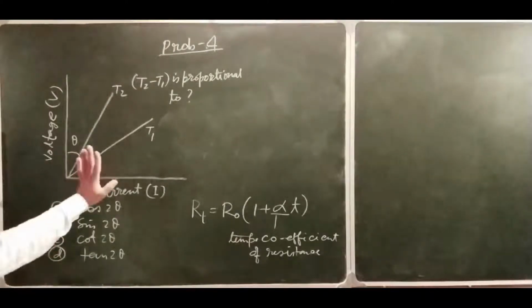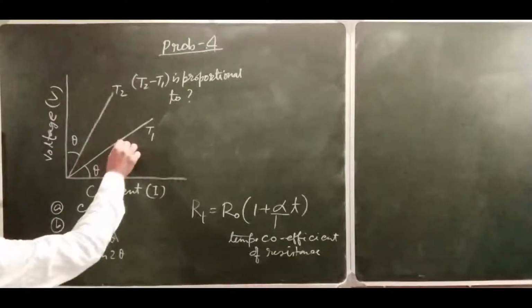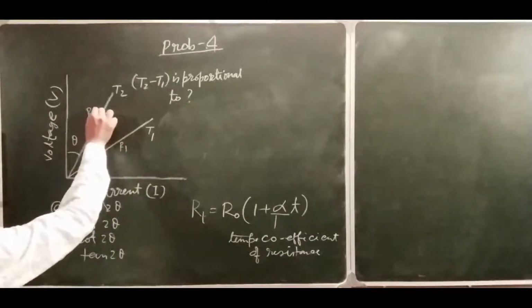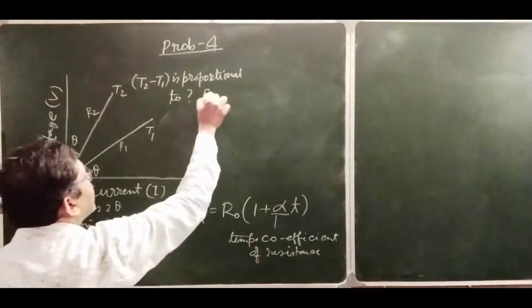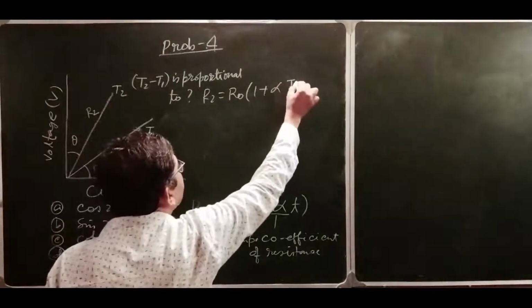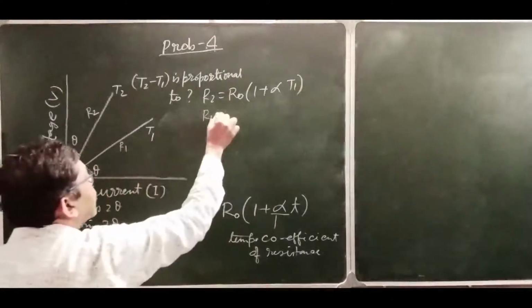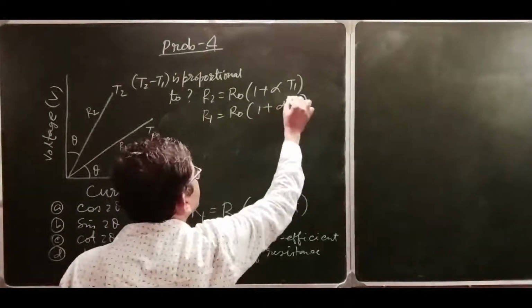So in this case, if we take this resistance as R1 and this resistance as R2, then we can simply write R2 is equal to R0 into 1 plus alpha T2, R1 is equal to R0 into 1 plus alpha T1.